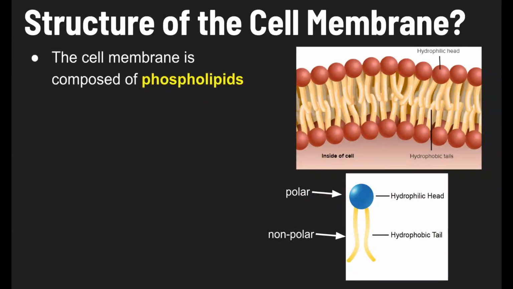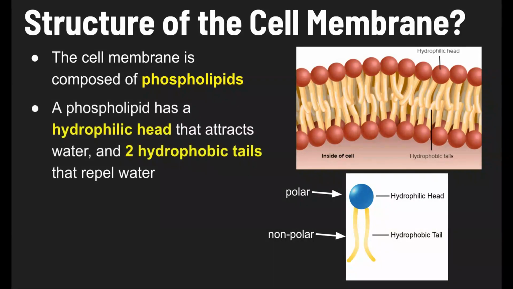The cell membrane is composed of phospholipids, and a phospholipid has a hydrophilic head that attracts water and two hydrophobic tails that repel water. At the bottom here, this is one phospholipid. At the top, you have the hydrophilic head.